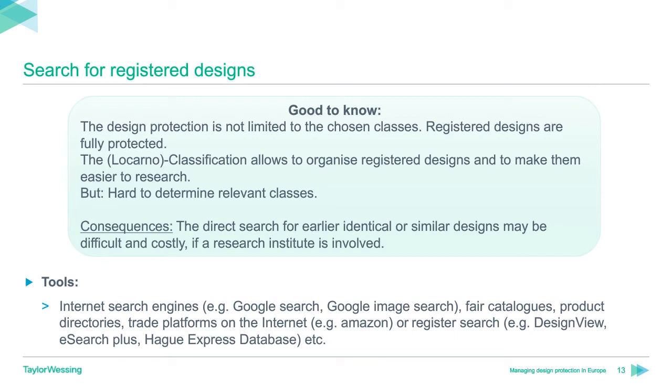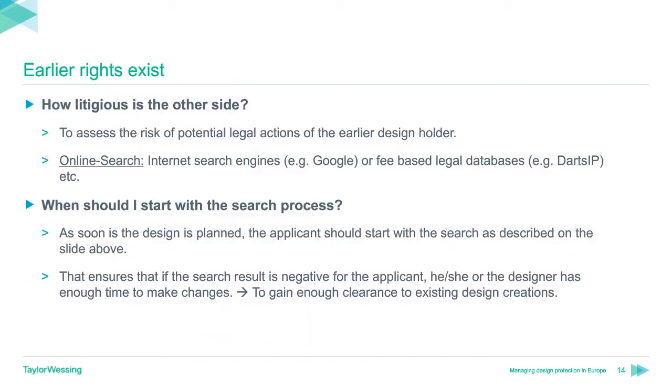And now I want to discuss the question, which also is very relevant. If you have found something similar, try to determine how litigious the other side is. To assess the risk of potential legal actions of an earlier design holder, you do have a couple of tools available.